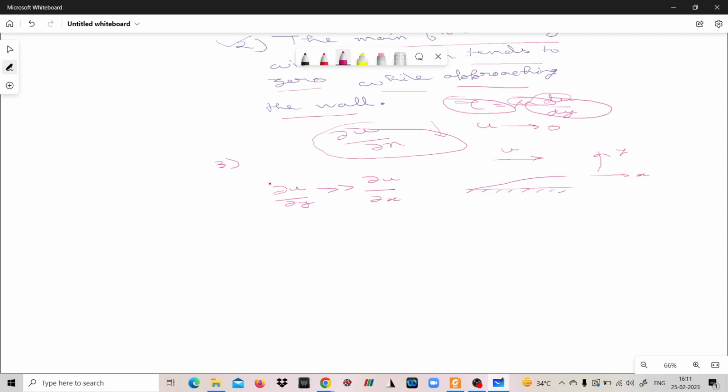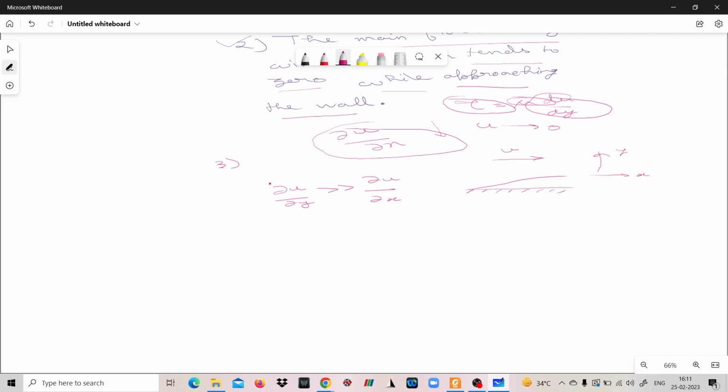So these are the three important properties which you should always keep in mind whenever the term boundary layer comes into picture. The first very important point is this: within this layer, even if the flow is fully turbulent, viscous stresses are dominant.